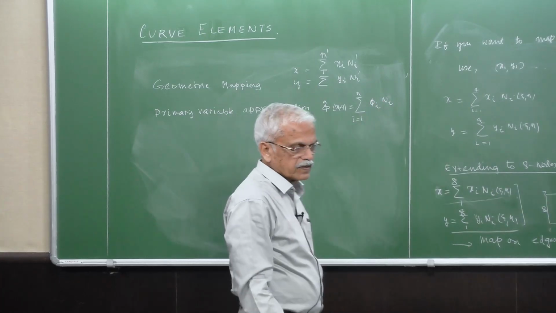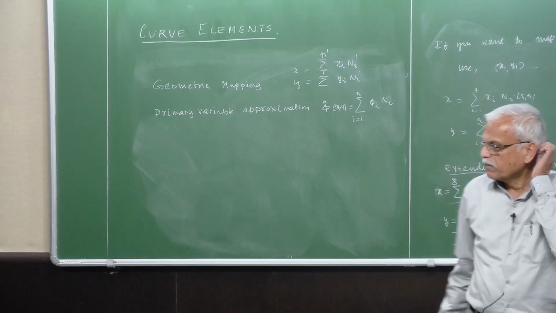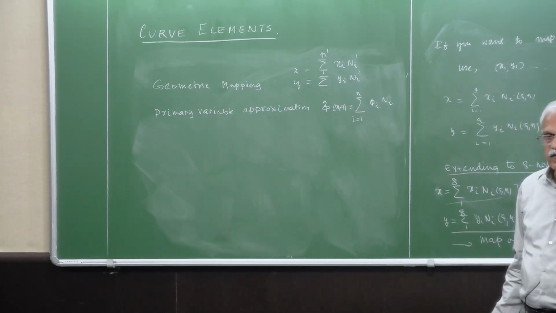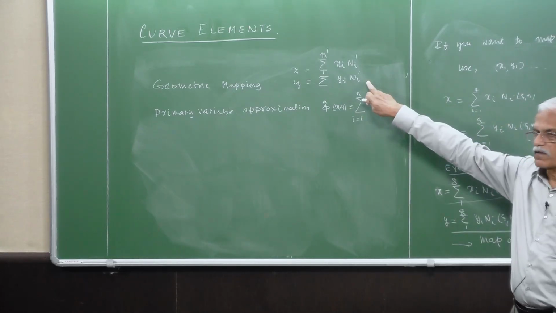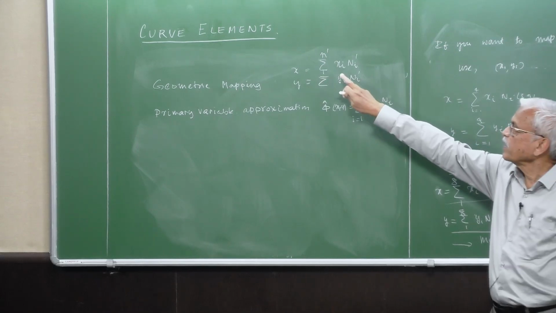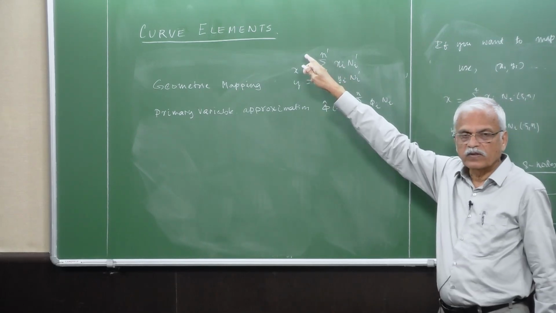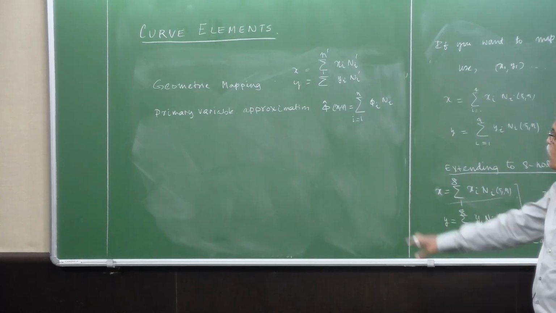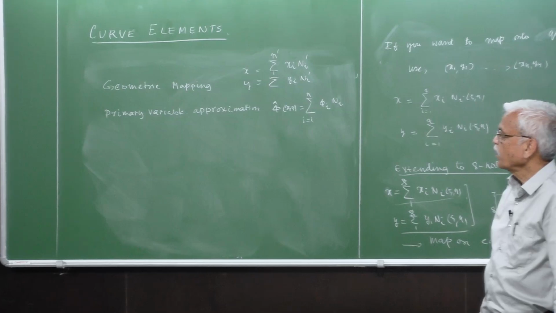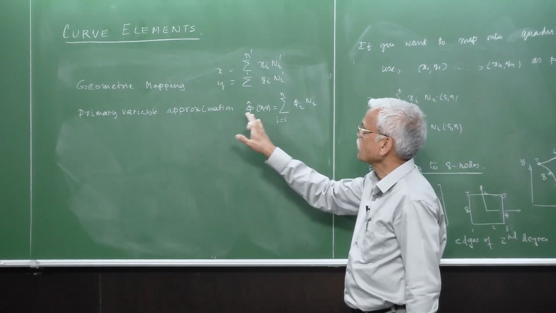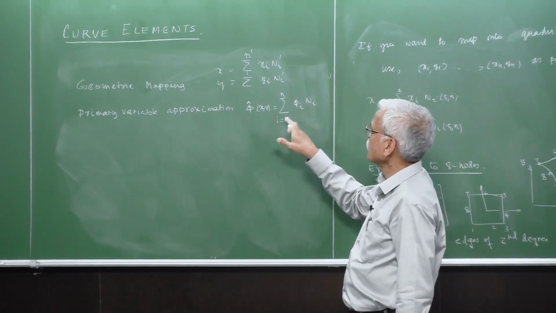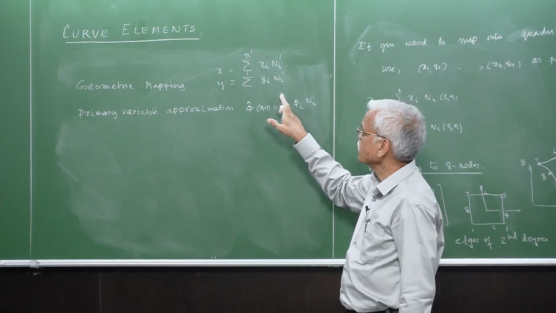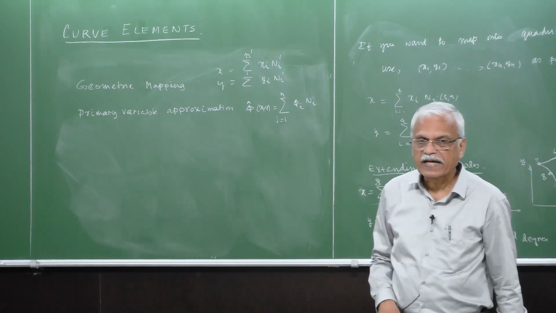Okay, so here there are two different types of shape functions which we are using. The first Ni prime set: there are n prime variables which are used here for geometric representation, whereas for primary variable approximation phi hat, we use another set of shape functions and the number is n here.